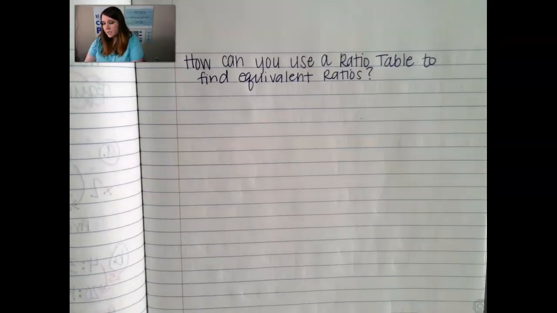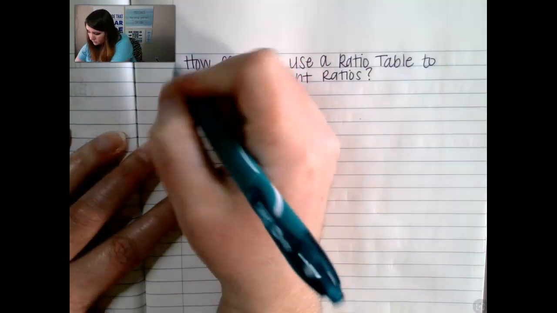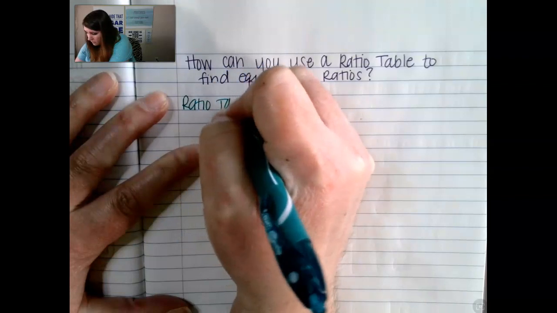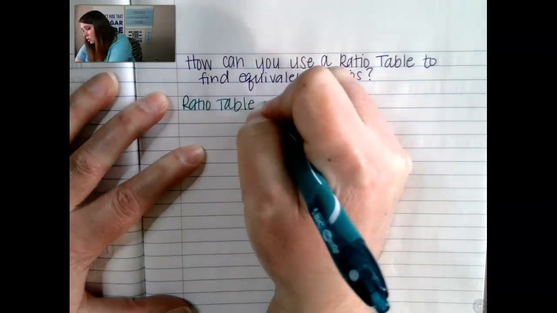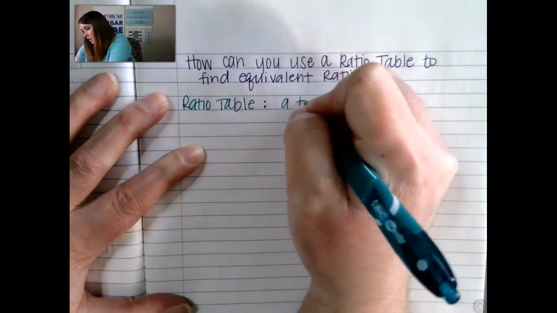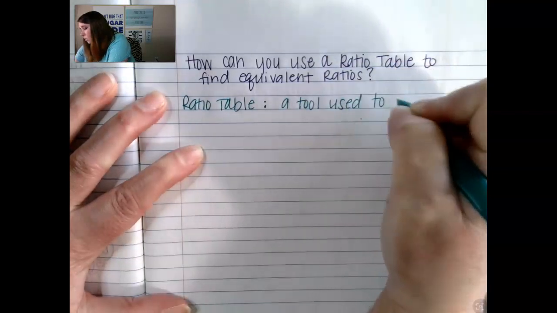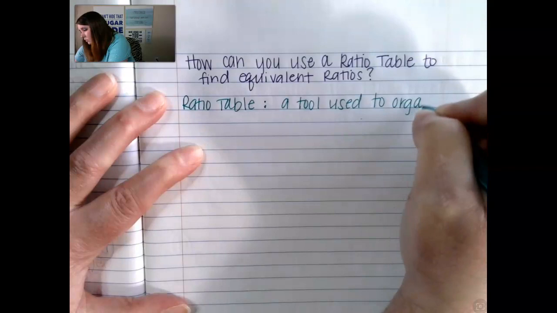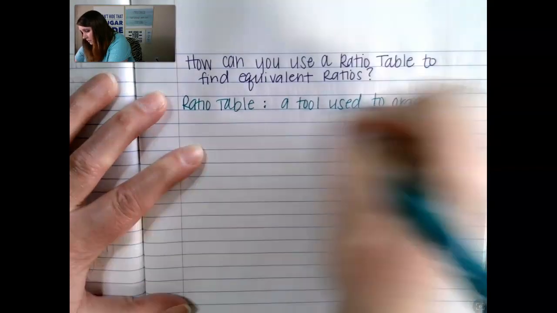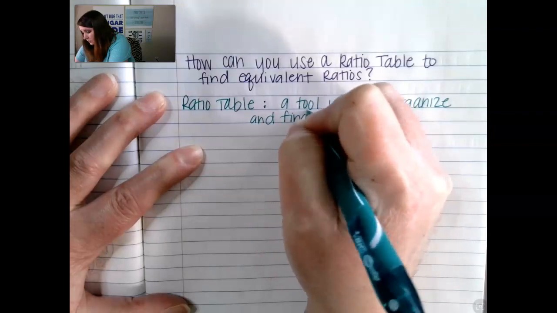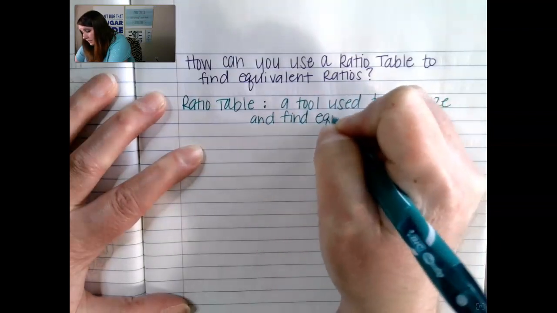A ratio table is a tool used to organize and find equivalence.